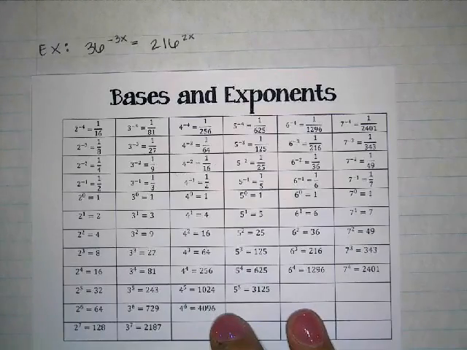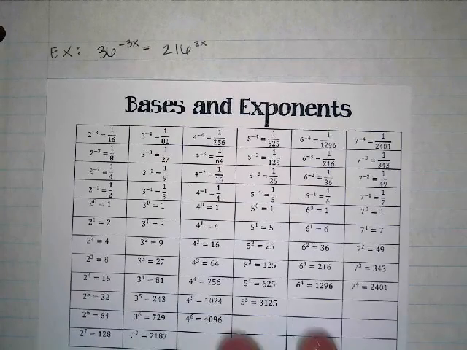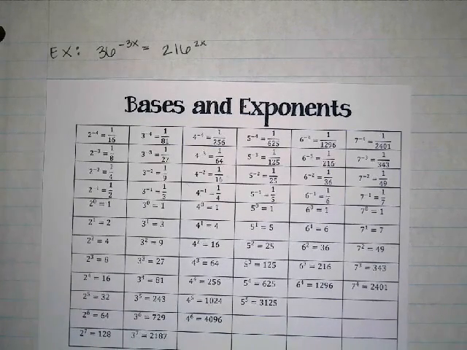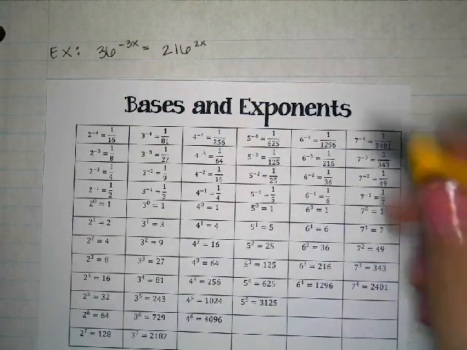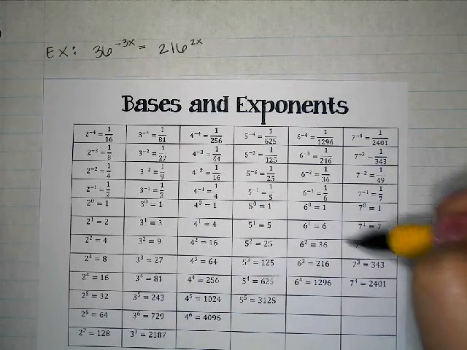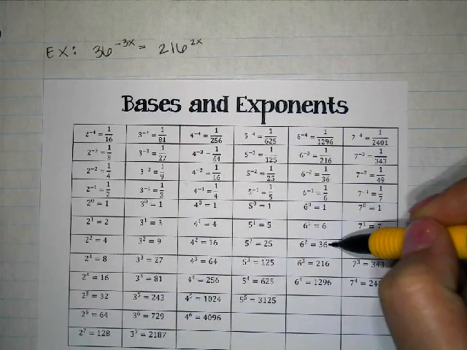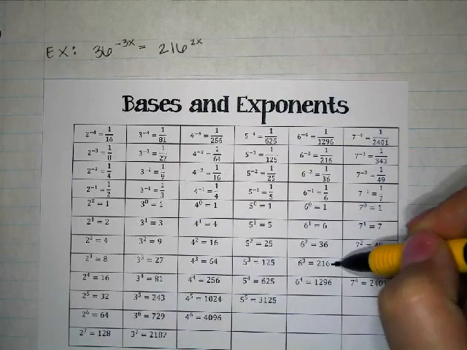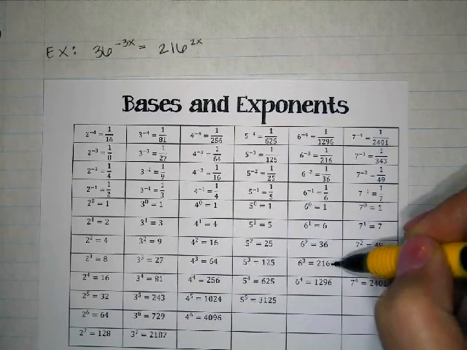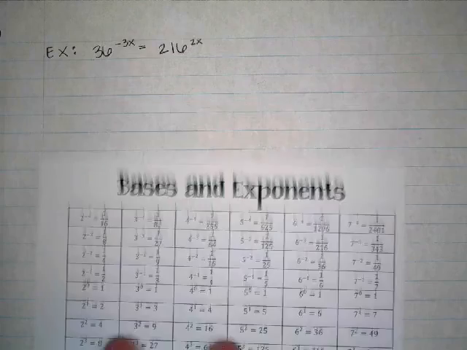And if we look at the chart, which column has a 36 and also has a 216? The 6 column. The 6's has a 36. That would be 6 squared. And it also has a 216. That would be 6 to the third.